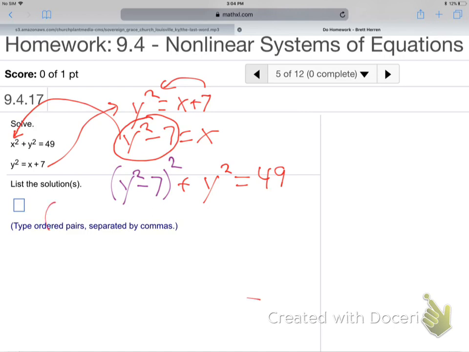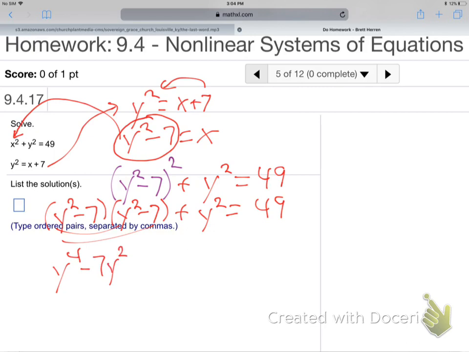So what does that mean? Y squared minus 7, y squared minus 7. And then FOIL that out, so we're going to get y to the 4th minus 7y squared minus 7y squared plus 49 plus y squared is 49. Look at that mess. These problems are not easy.